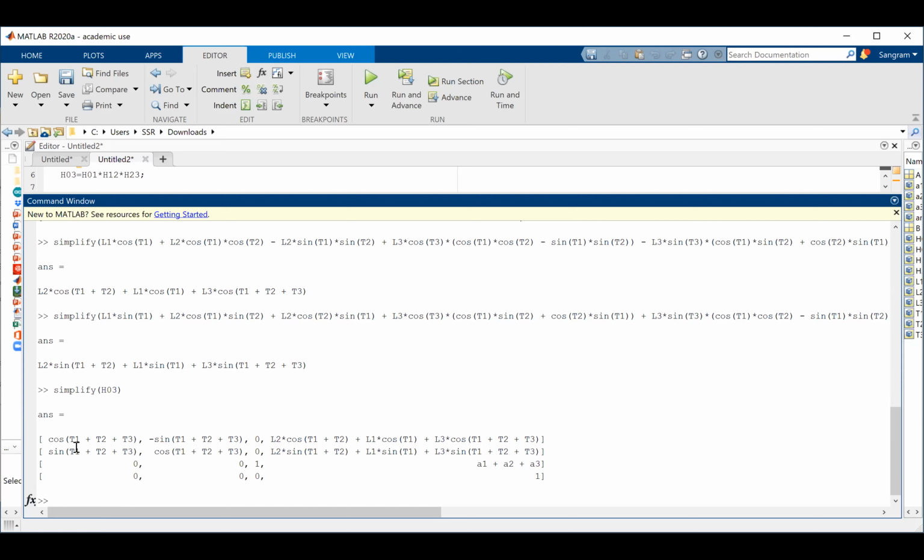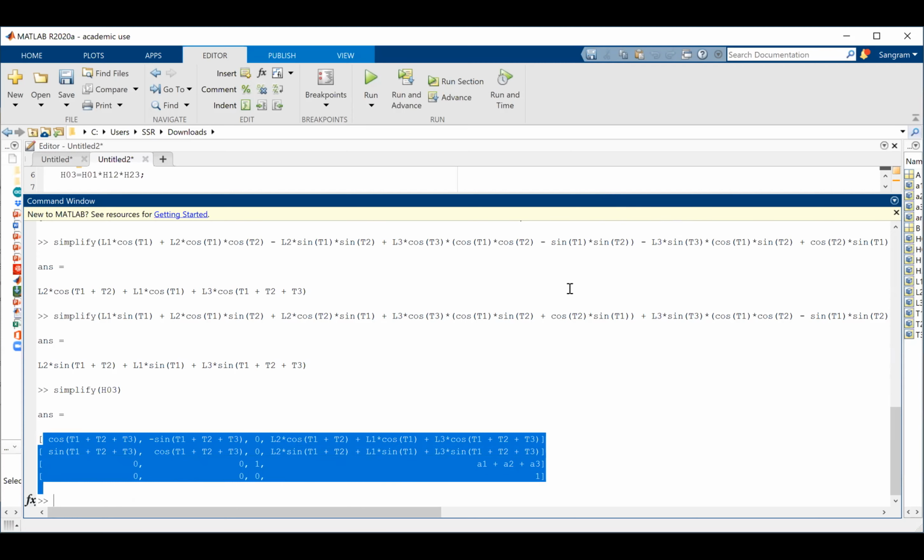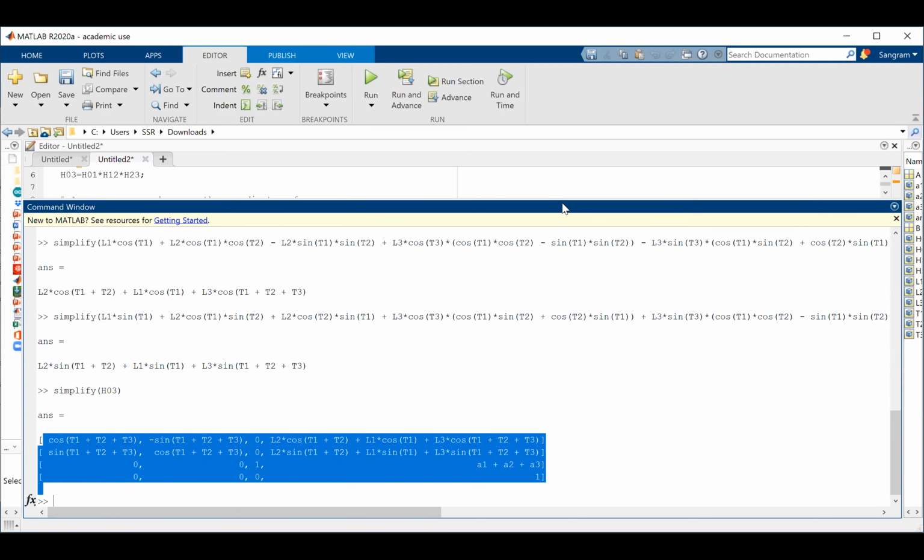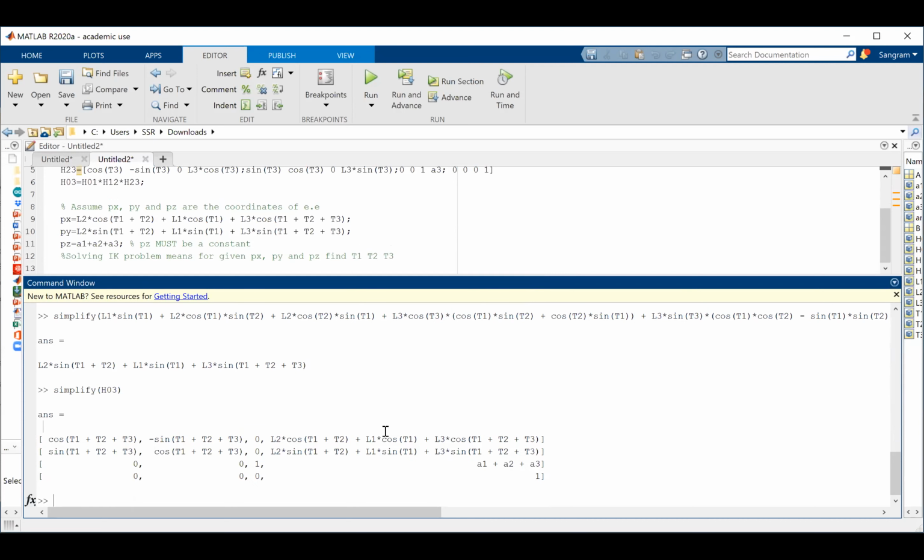Now I want everyone to look at the terms that I highlight. Having an inverse problem, which means we have this matrix, but we know on the right hand side, we have the final positions and perhaps we have final orientations.